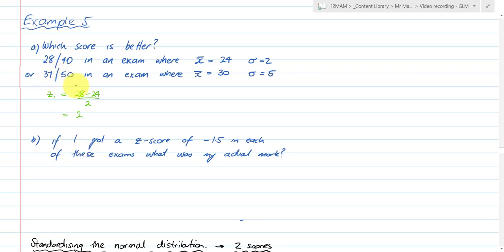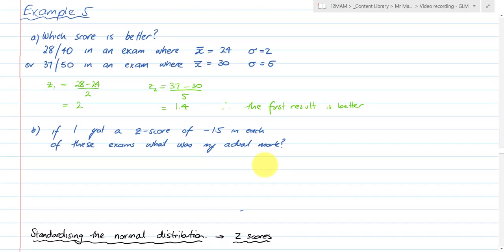The second one, 37 out of 50, which is 74%, so a better percentage, the z-score, z2, is equal to 37 minus the mean, which is 30, x bar is another way of saying mu, over 5, which is sigma, and that, of course, is equal to 1.4. And therefore, the first result was actually better compared to the class or the cohort or the state or whatever it is.